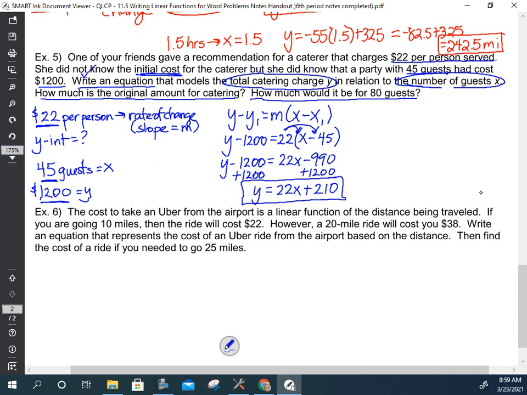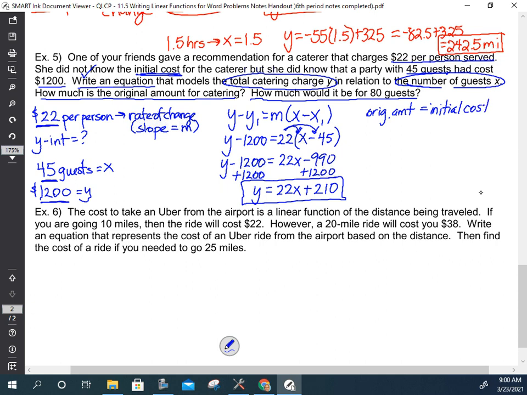Second part of the problem, how much is the original amount for catering? So the original amount is the initial cost. How much does it cost you for catering if no one shows up? How much will you have to pay the caterer if no one shows up? So the original amount is equal to that initial cost.